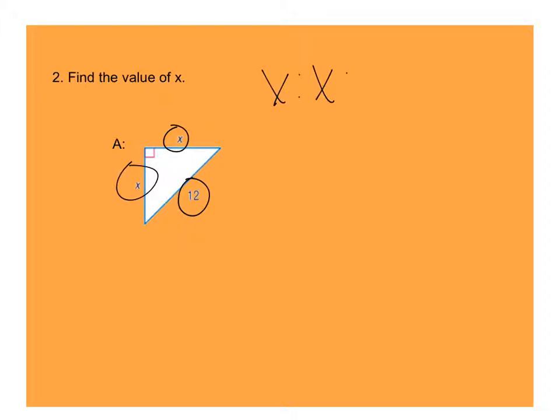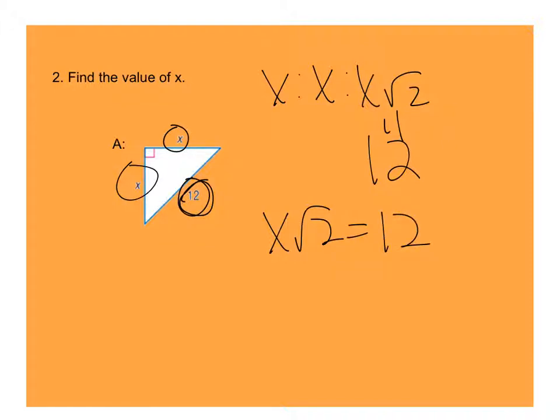My ratio of every 45, 45, 90 triangle is this. I know the hypotenuse is 12, so I'm going to take x square root of 2 and set it equal to 12. Now I'm solving for x just like a regular algebra problem, except this is the x I'm looking for, an actual side. So I divide by square root of 2.